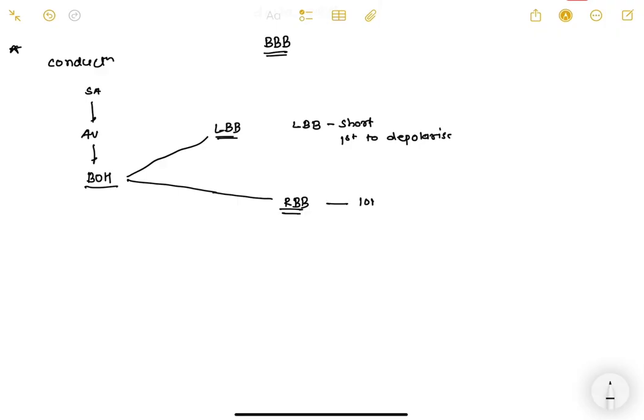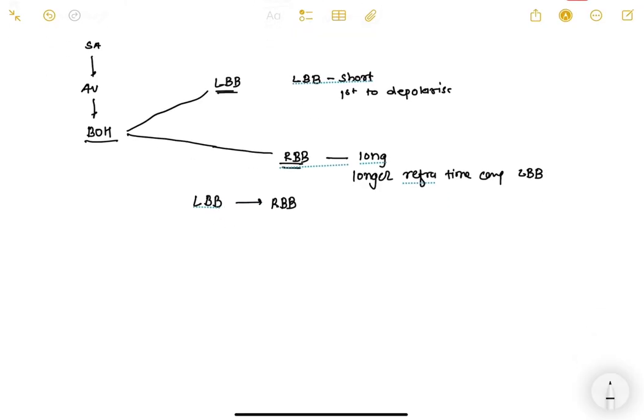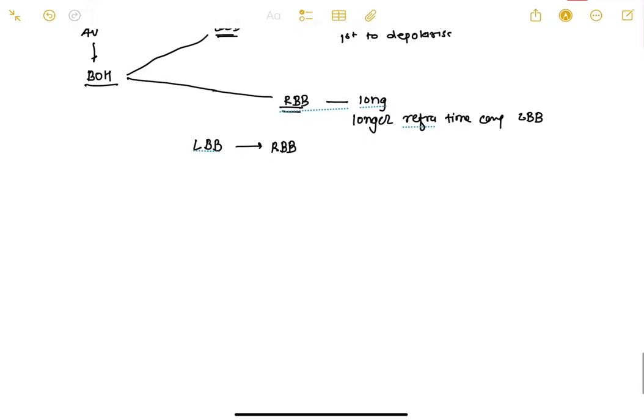On the other hand, the RBB is very long and has a longer refractory time compared to the left bundle. So the left bundle branch will depolarize the right bundle branch. I hope we are clear up to this.